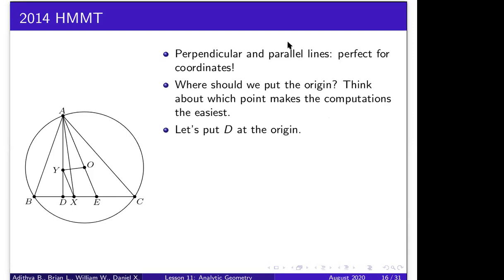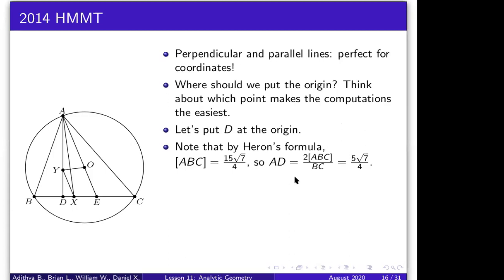So how do we find the coordinates of A? Yep, so from Heron's, our area is 15√7/4, and that means our height is 2 times that over BC, and that comes out to 5√7/4.